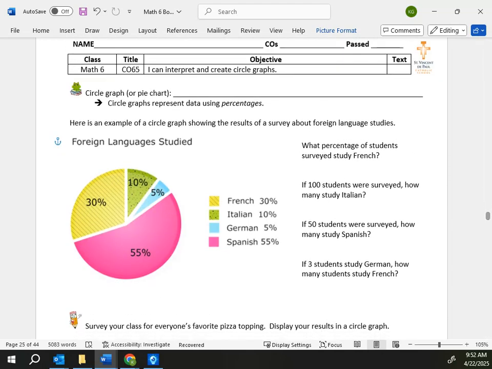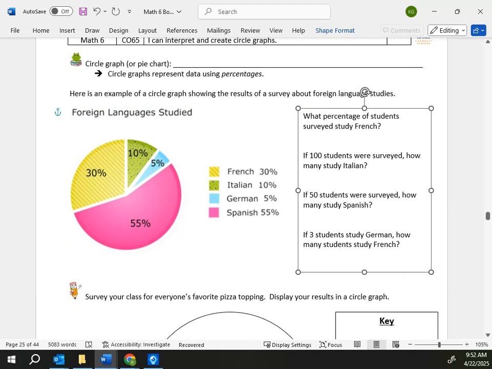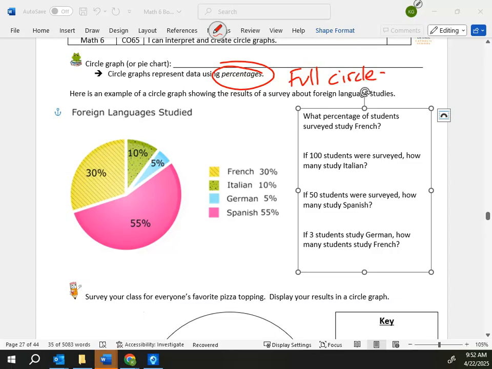Then we have our circle graph. Circle graphs show percentages. Full circle equals 100%. So that's all, that's the total amount.